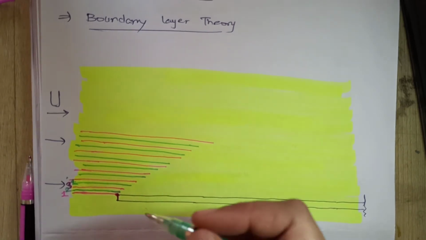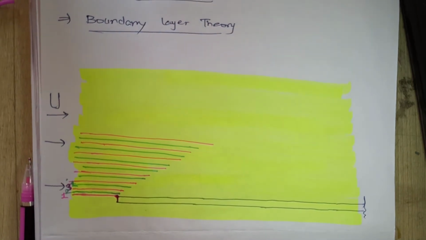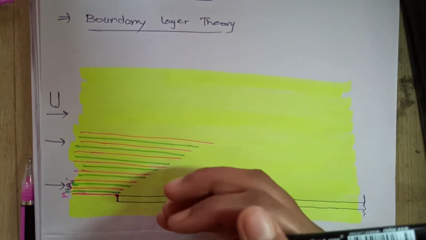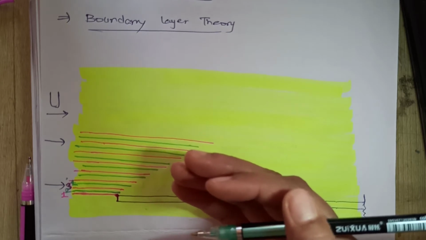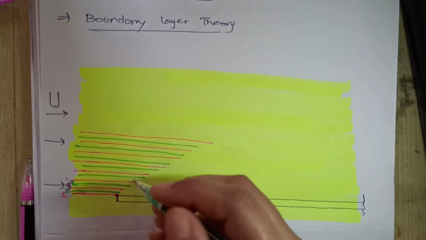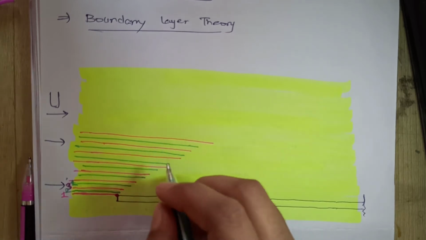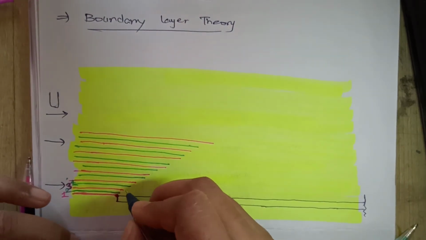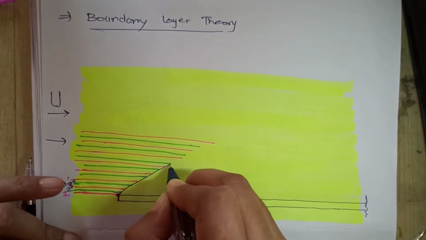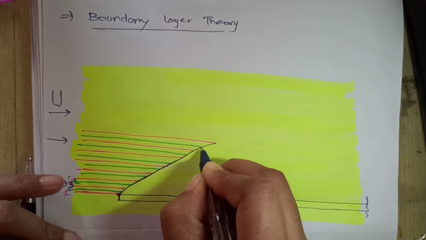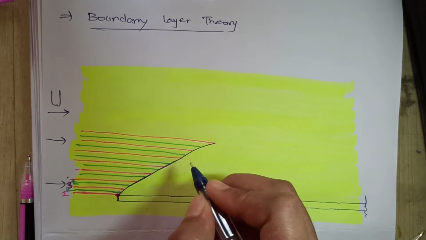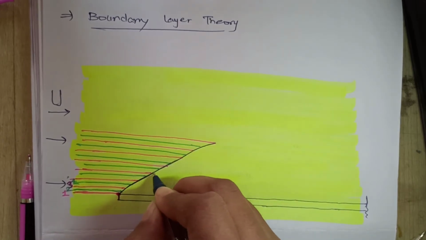Okay, likewise the low lying layers of the flow imparted their momentum to the upward flowing layers of the flow, and therefore the velocity profile could be seen like this. So not velocity profile, sorry, but the boundary layer could be seen.